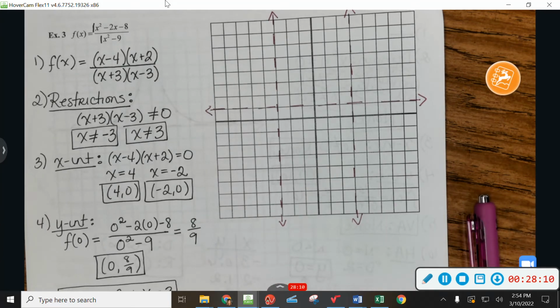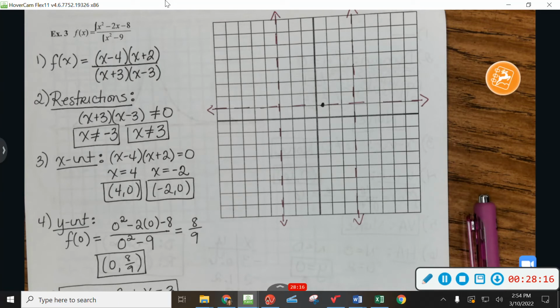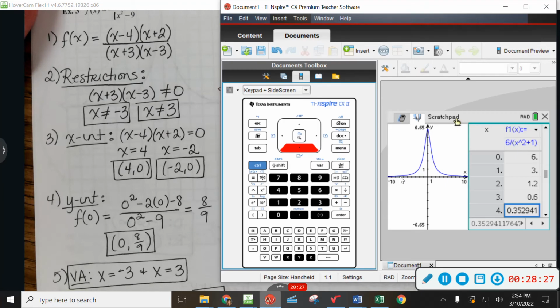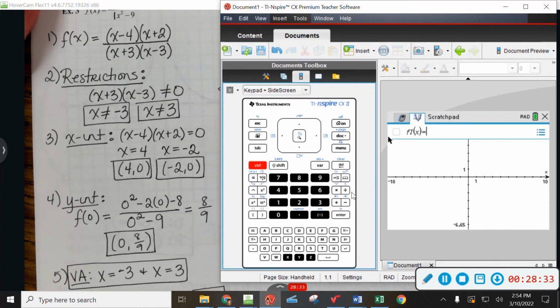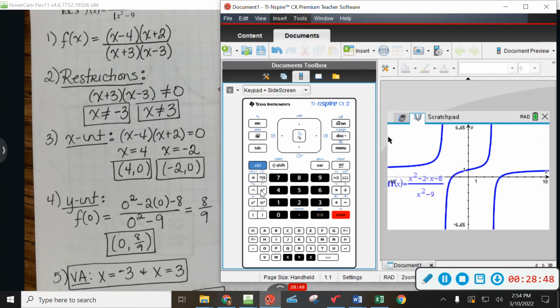And then we also know that it's going to cross at 1/2, 1. So I'm going to go ahead and plot that point. I don't have half points in my table in the calculator. You can change it for it to pop up, but I already know it's going to cross, so I'm going to put the point. Go to your calculator. I'm going to type my original function. And that's what the graph is going to look like. Okay?